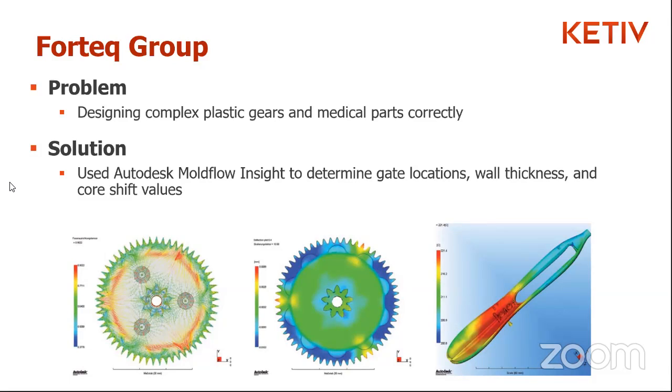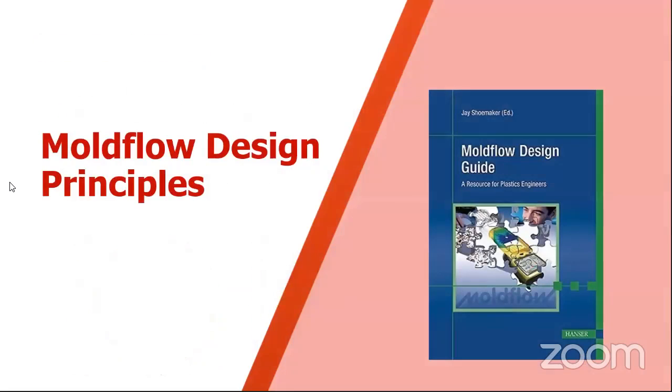You don't want to do an incomplete simulation and then run to the shop floor, make your prototype, make your mold, and then you realize there's some issue with the cooling or something like that. Absolutely. There's a sequence and kind of workflows, and if you look at the conception of Moldflow early on, it really was based on design principles, theories that we can apply and that are quite well documented as far as what is good, what is bad.